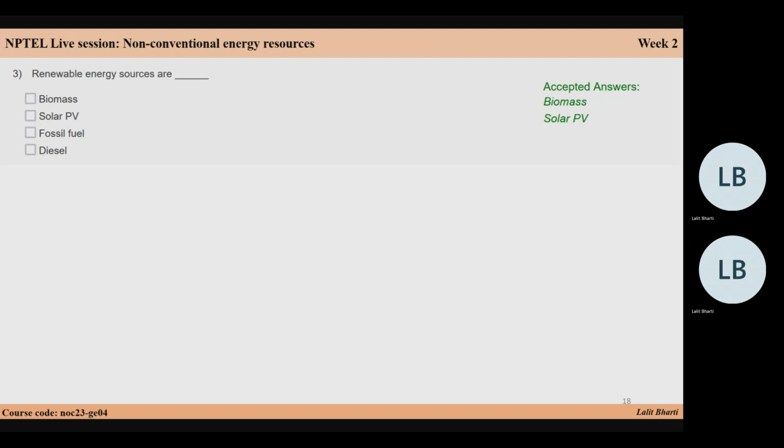The next question is, renewable energy sources are. As we have discussed, solar is obviously a renewable source of energy, solar photovoltaics. Then biomass is also renewable.